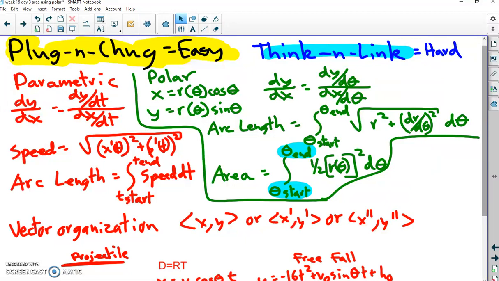Now let's look at the polar. How about dy dx in polar? Does it look the same as dy dx in parametric, but instead of t's it's thetas? That's not bad. We're not going to do arc length, so don't worry about the arc length part. Okay. Polar, maybe a lot of the conversions in polar for you are still think and link.